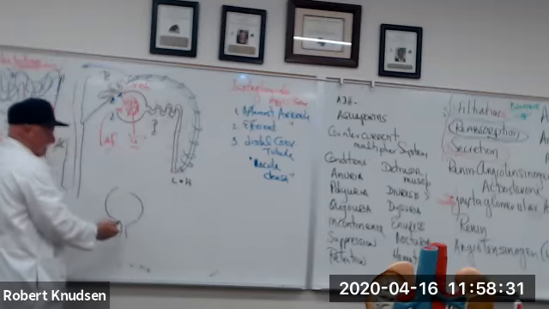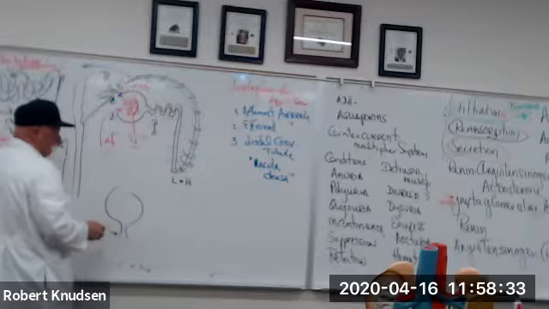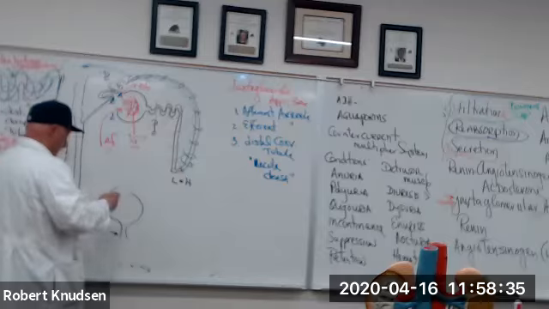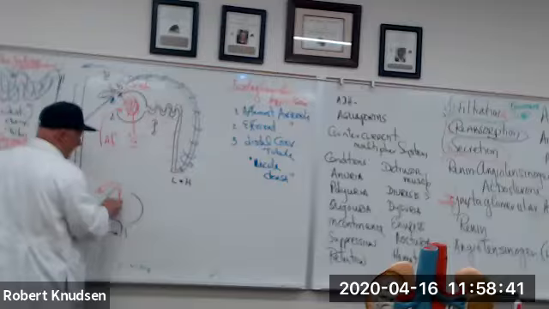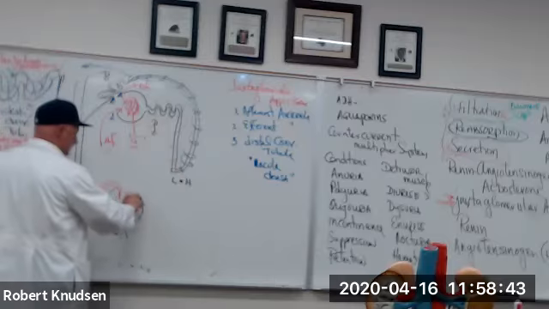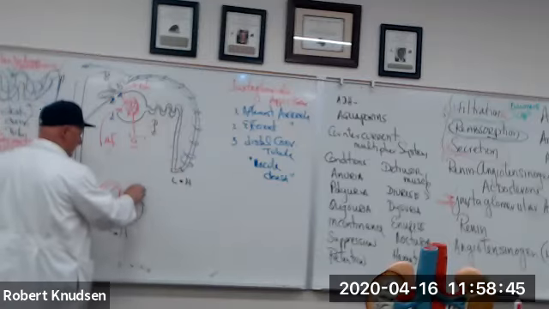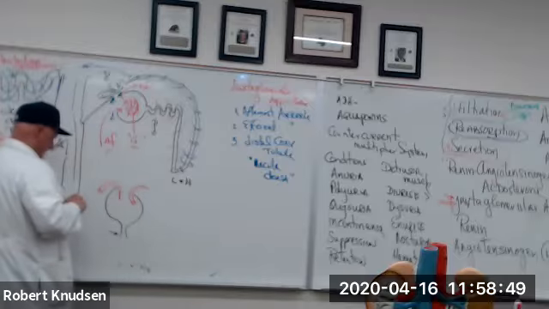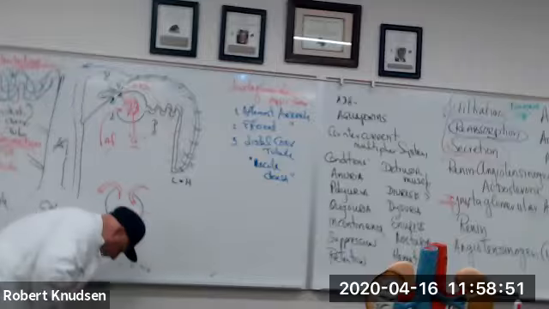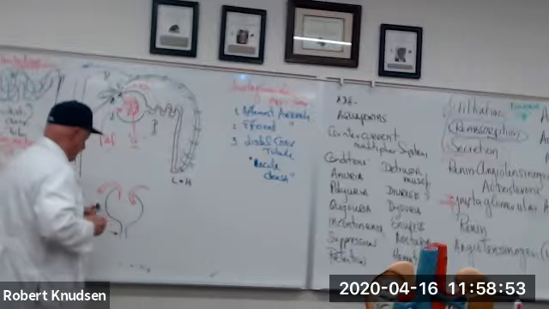Okay, you recognize Bowman's capsule, proximal convoluted tubule. Coming in is the afferent arteriole. Going out is the efferent arteriole. Do it in green.